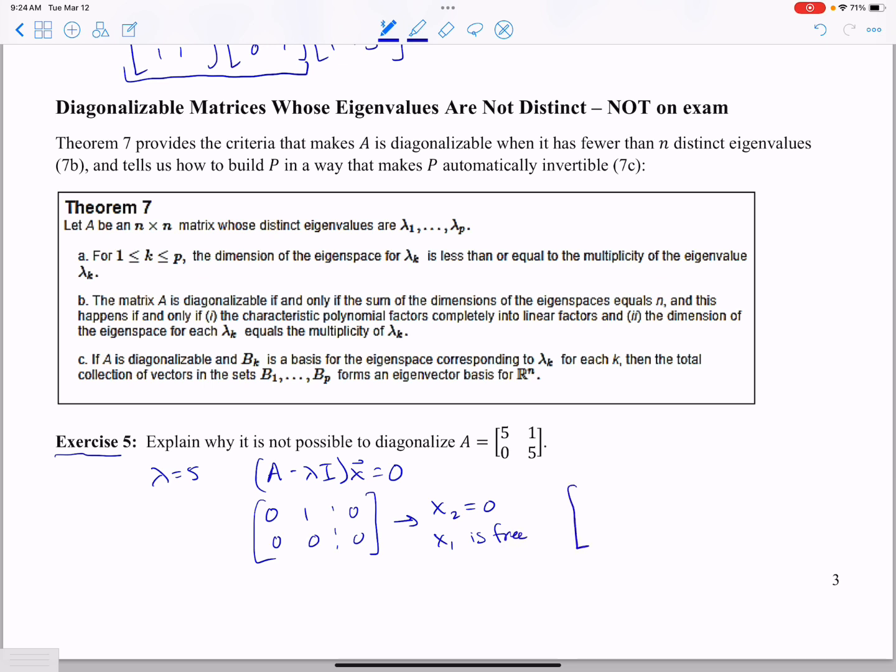So the basis would look like this, or you might say 1, 0. Because there's only one vector in my basis for the eigenspace, but 5 is repeated twice, that tells me this is not diagonalizable. So in other words, this would need to have 2 vectors.